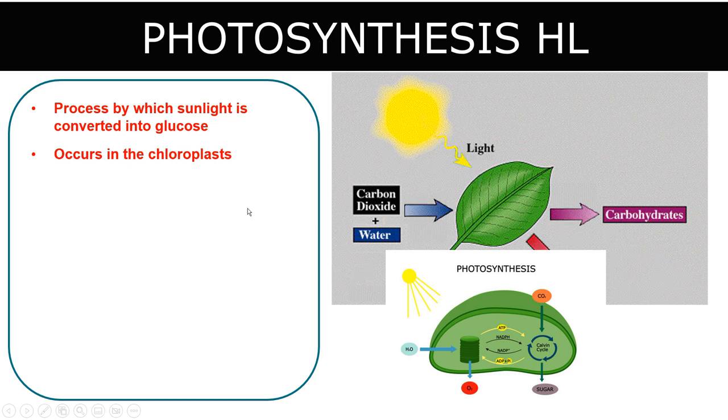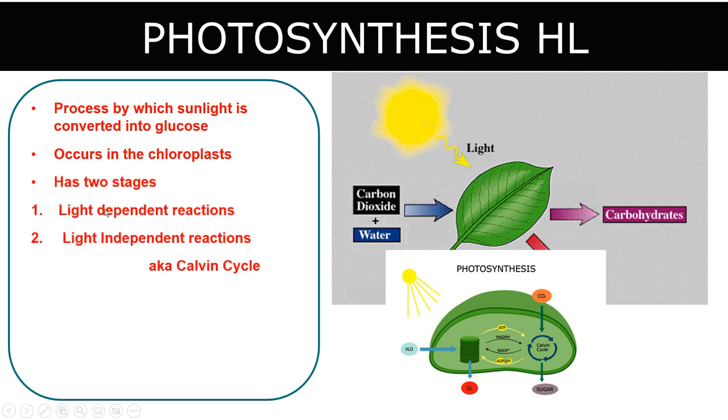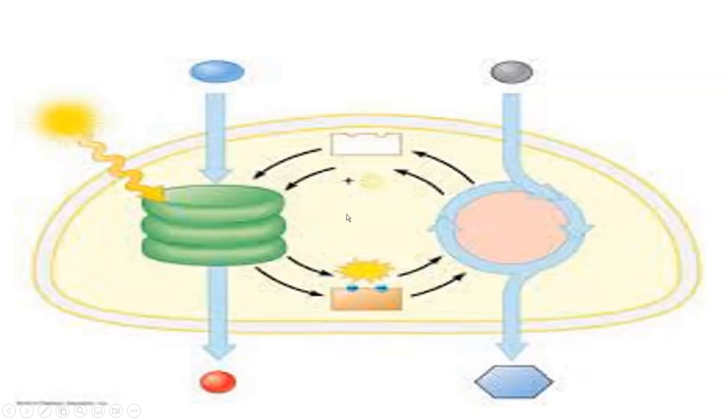There are many steps, but it is broken into 2 major phases: the light-dependent reactions, which obviously depend on light, and the light-independent reactions, also known as the Calvin cycle. Photosynthesis is in many ways very similar to, but kind of a reverse of, aerobic respiration. Like respiration, we're going to start with the structure of the chloroplast itself.